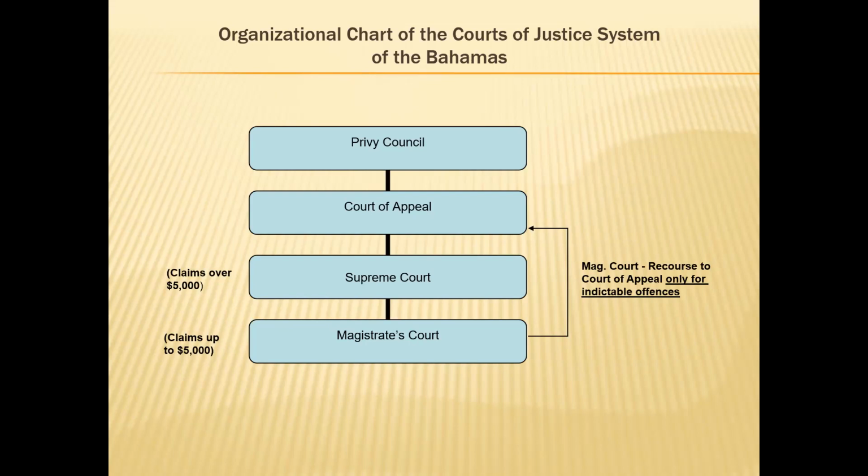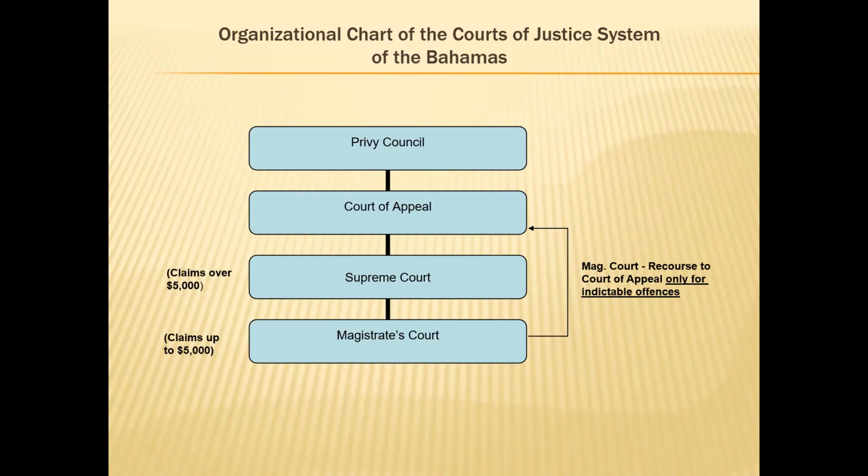The difference between the magistrate's court and the Supreme Court is that for the magistrate's court, there is no recourse to the Court of Appeal for monetary or financial matters. For example, if the court rules unfavorably against the bank on a claim up to $5,000, you cannot go to the Court of Appeal. Likewise, if it rules against the client, they cannot go to the Court of Appeal, because the Court of Appeal will only hear cases from the magistrate's court for indictable offenses.